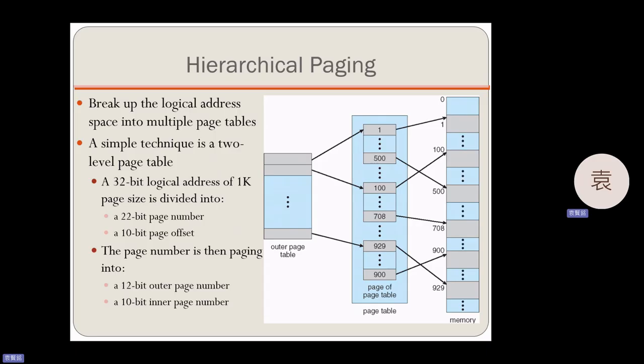This mapping can be done in the TLB with two TLB searches. If it hits, then the memory access is fine.